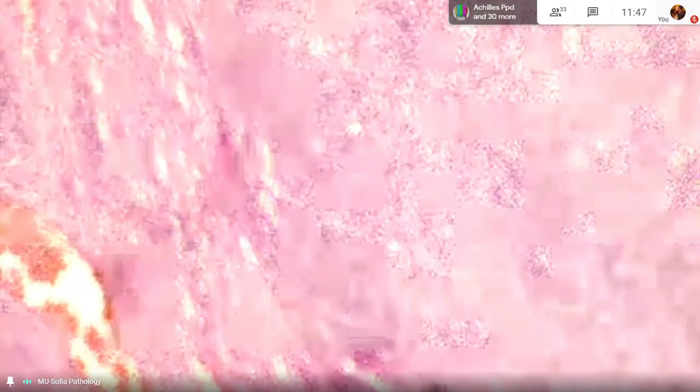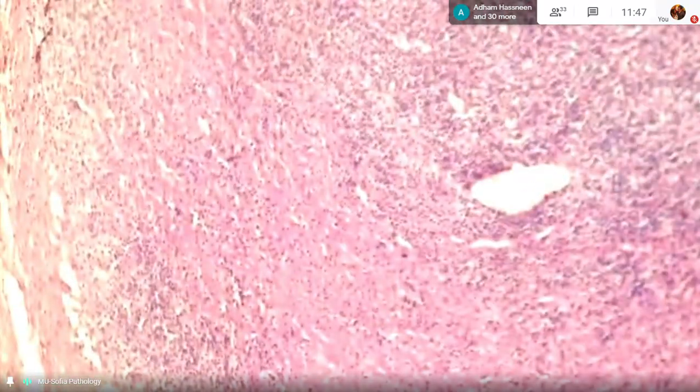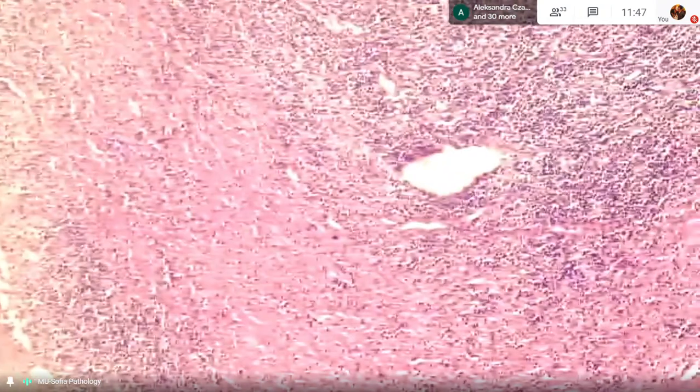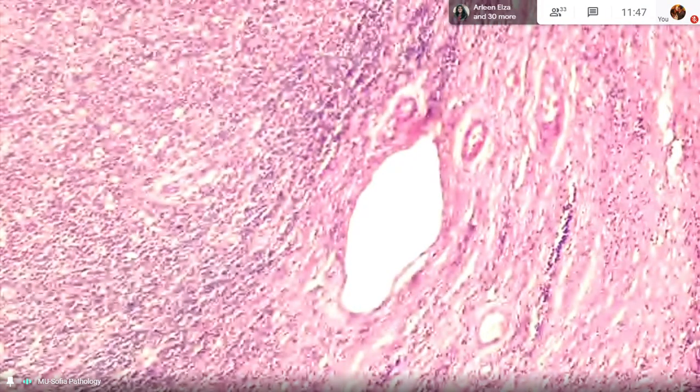I don't know whether they've given me such a slide, but we'll see. You have no fibrous bands, but too many eosinophils. Let me just focus. There's fibrosis here. It's again nodular sclerosis. But in nodular sclerosis, it's easier to find the Reed-Sternberg cells because they stay in empty spaces, like lacunar cells.